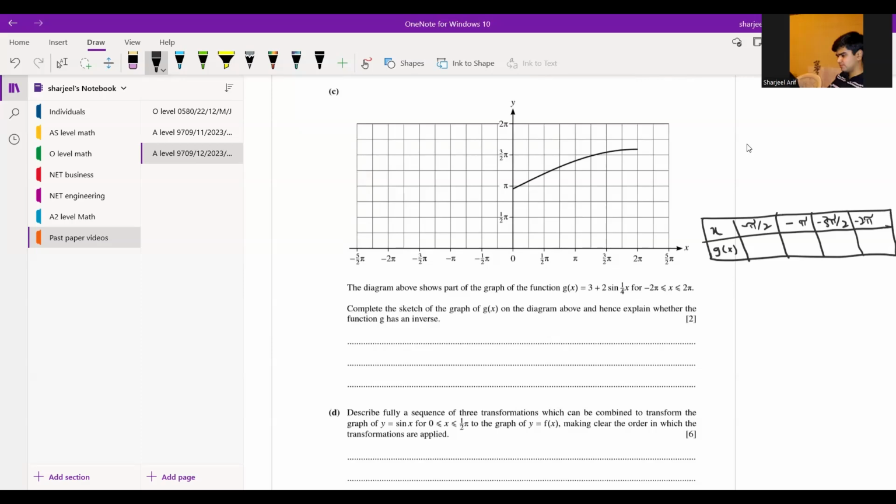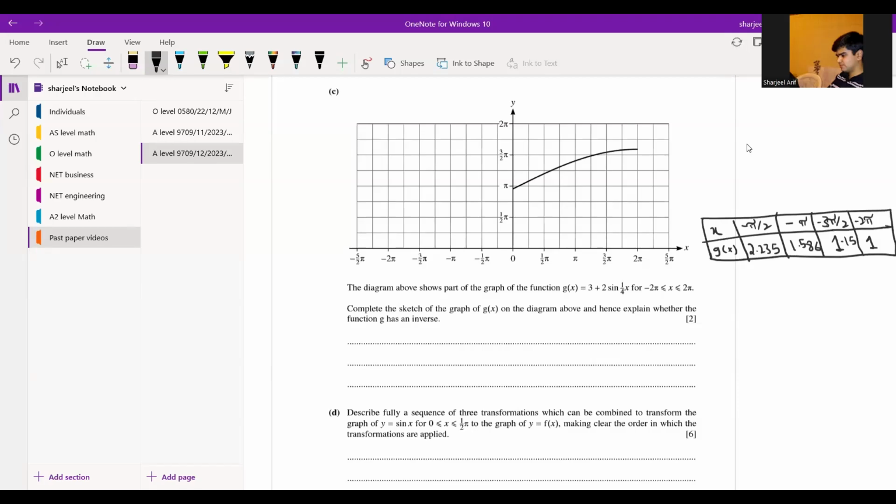When we have minus pi by 2, the value of g(x) will be 2.235. When it's minus pi, it will be 1.586. Here it is 1.15. And when it is equal to minus 2 pi, it is 1. So now we will place the values. This will be 1.15.